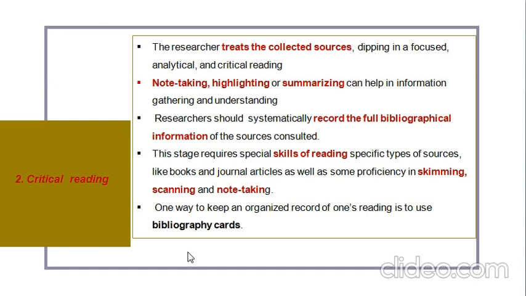On the front side, the researcher will write all the bibliographical information about the source, like the title of the book if it is a book, the title of the article if it is an article, or the title of a chapter, the page numbers, the publication year, the edition, the publisher, and the place of publication, depending on the type, of course. On the other side, the researcher will write the information that he has found in the form of a quotation, a paraphrase, or a summary.